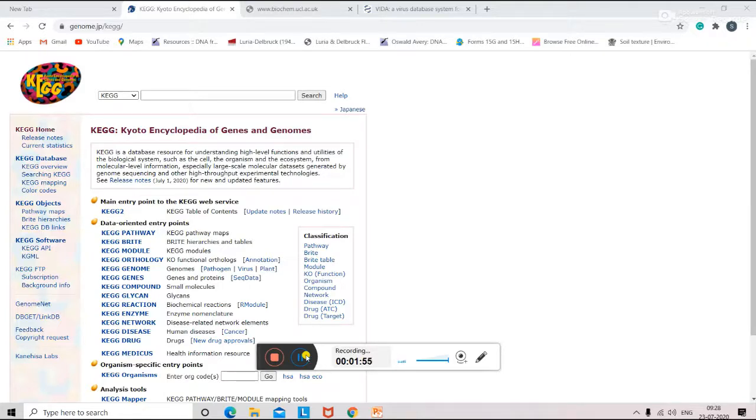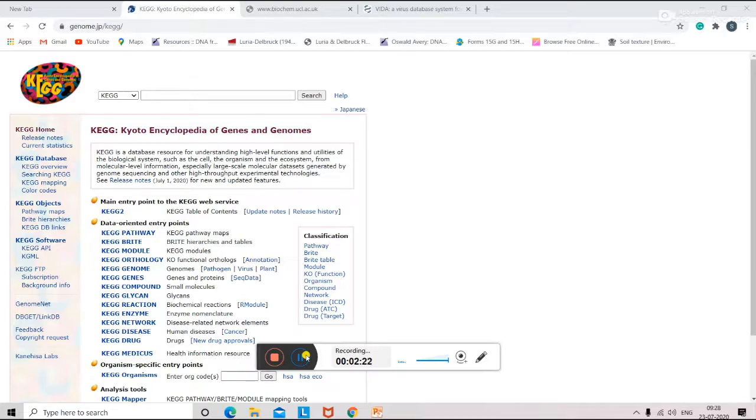Then what is the protein's role, what are the different drugs which can be used, what are the enzyme classifications, and in what biochemical reactions these proteins are involved. You have different databases linked to the Kyoto Encyclopedia of Genes and Genomes.